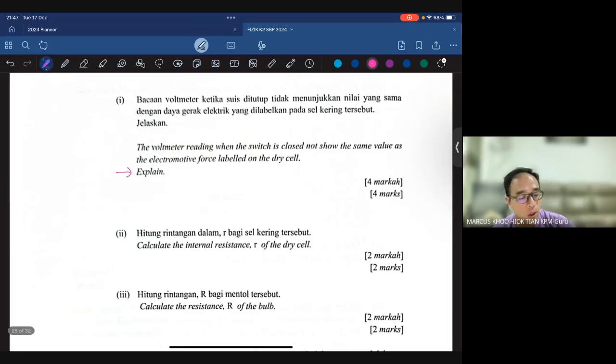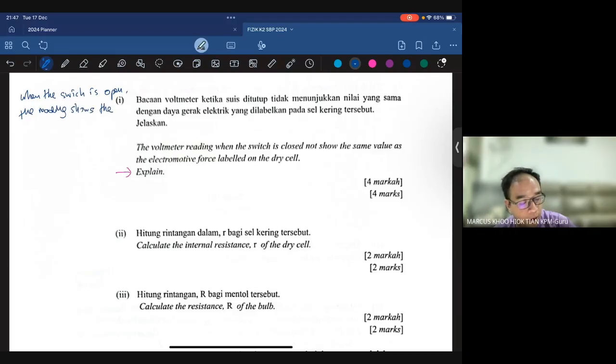So the first mark, when the switch is open, the reading shows the EMF of the battery.